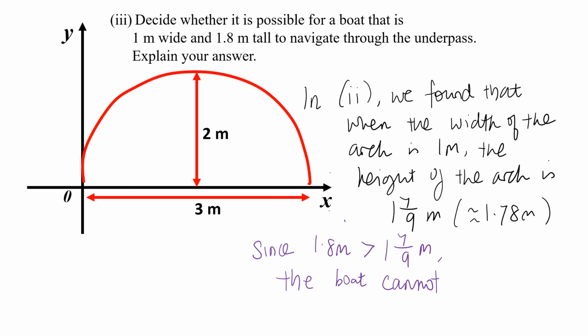You can't even go through it at all. So this is how you solve the last part of the question, and it's happiness because it's so short. There's no calculation, just some logical explanation. And that's it.